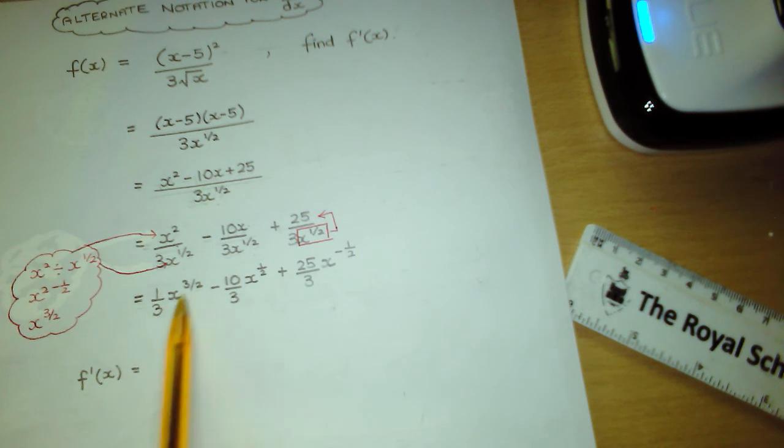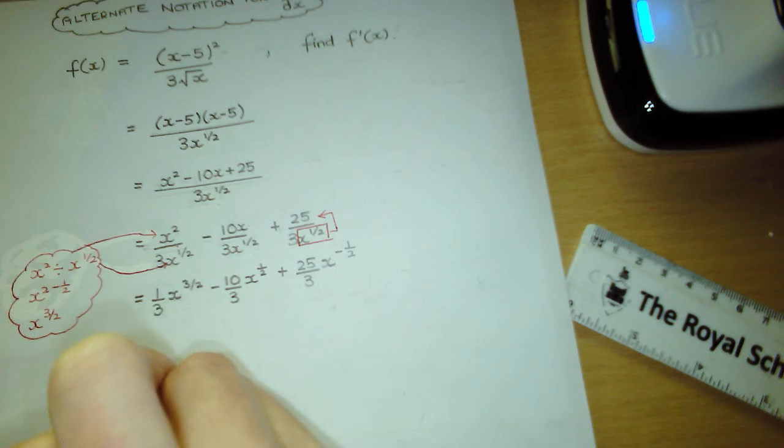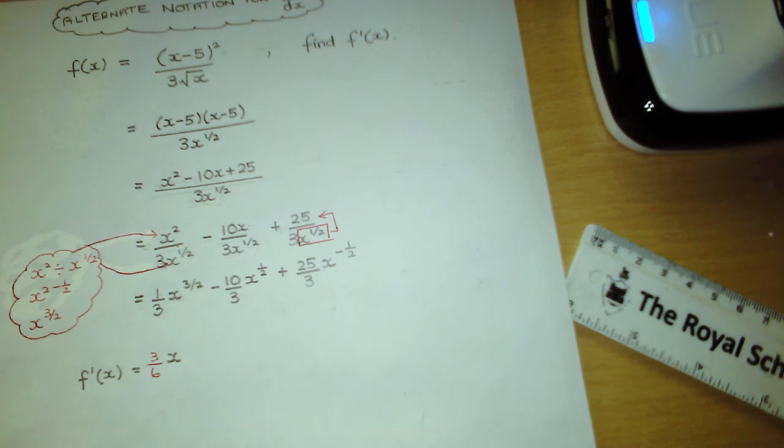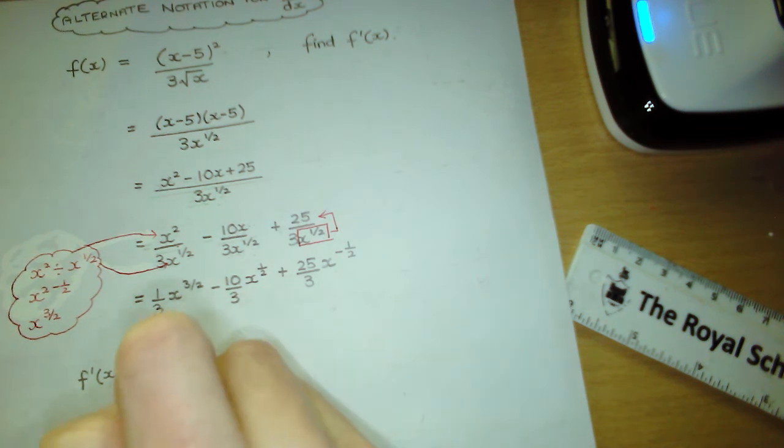So we're multiplying this term by 3 over 2. So 3 over 2 times 1 over 3 is going to give us 3 over 6. Okay, and then copy down our x and then subtract 1 from the power. So 3 over 2 minus 1 is just going to be a half.